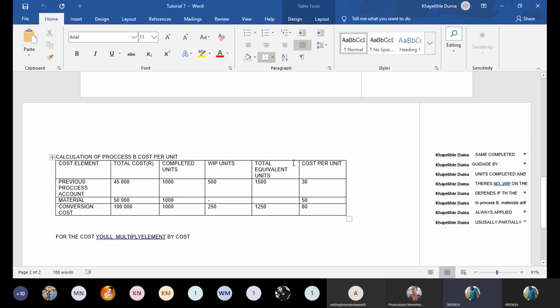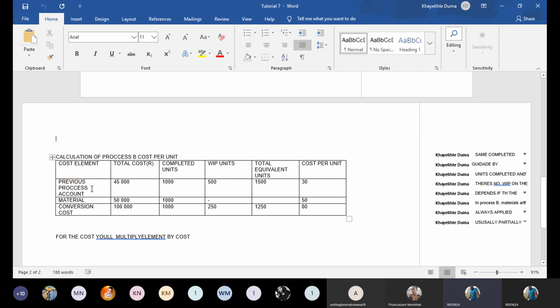Then the cost per unit. The columns are 1, 2, 3, 4, 5, 6. On the cost element, your first line is where you write how much you transferred from the previous process. Myself, I decided to write previous process account, or you can write yourself from process A.